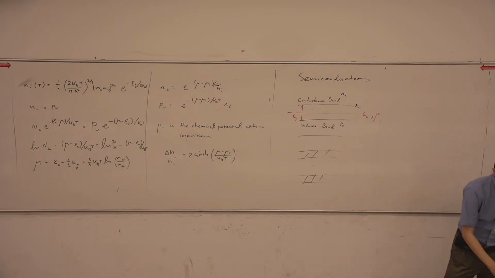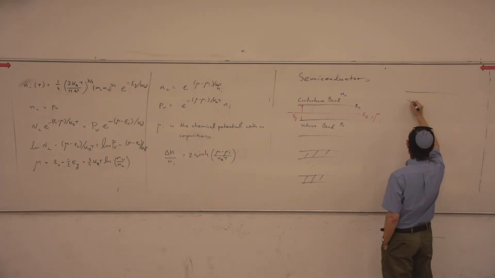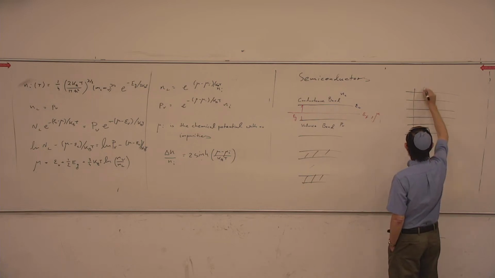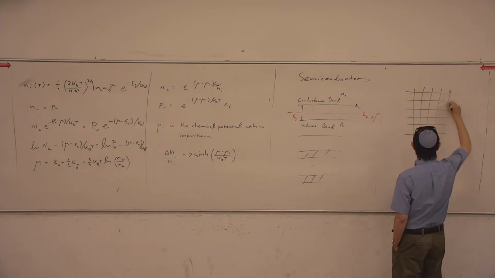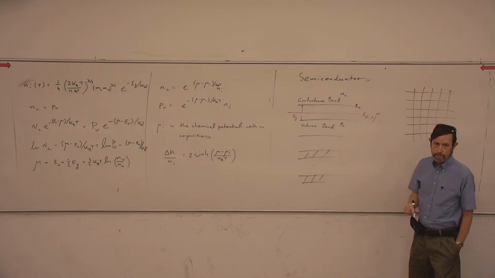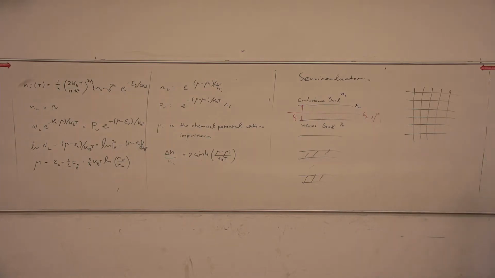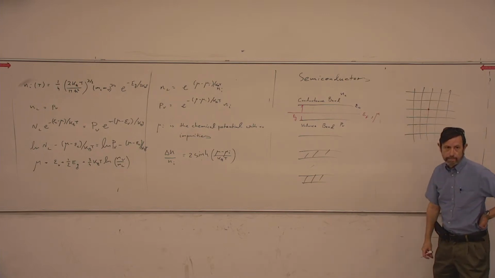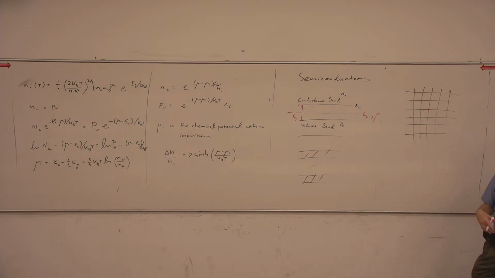I'm doing my lattice, and for simplicity I'm assuming that I have here an impurity which has an additional electron.